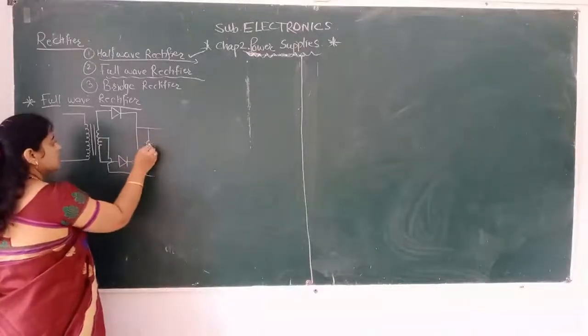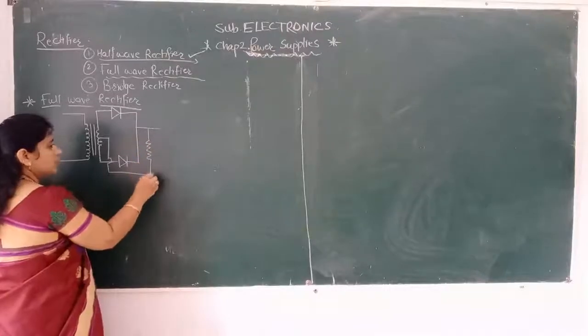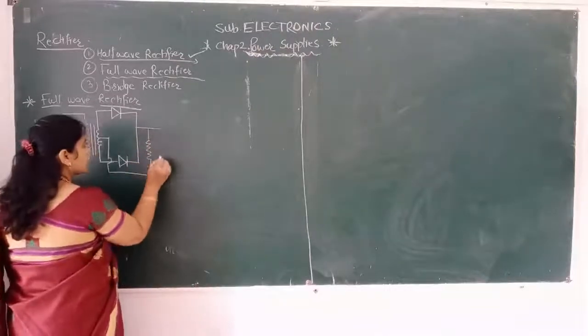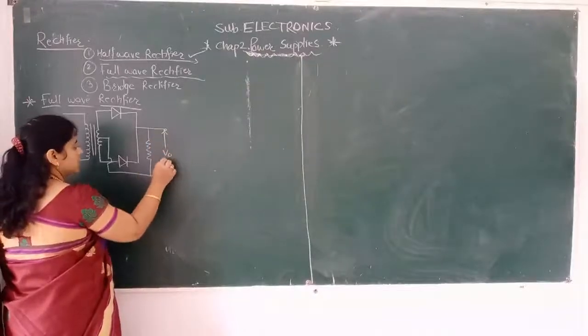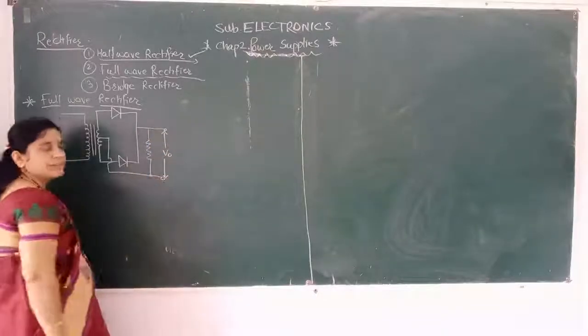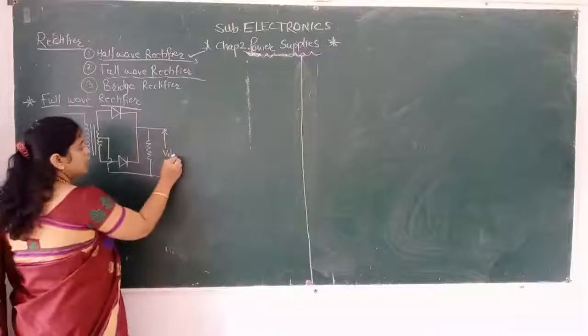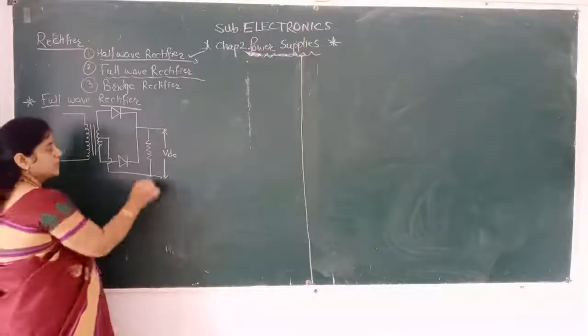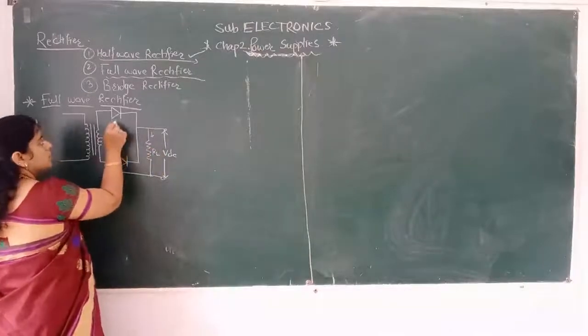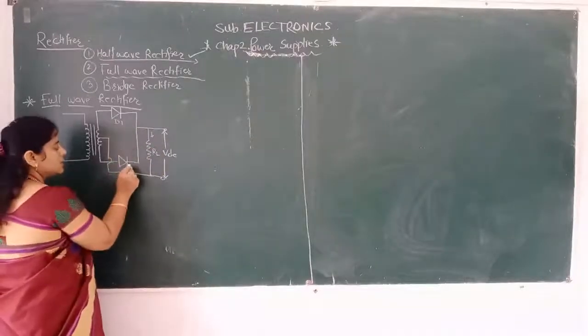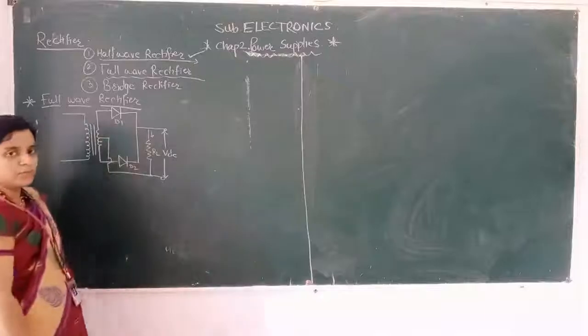Load resistance is connected between these two diodes. And here is the output voltage, that is V0 or it may be written as VDC. This is load resistance RL. This is diode D1 and this is diode D2.